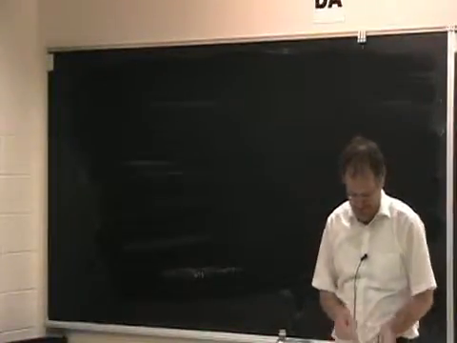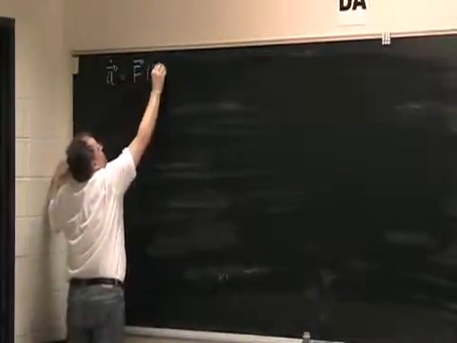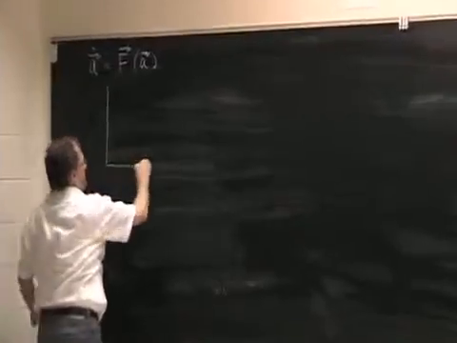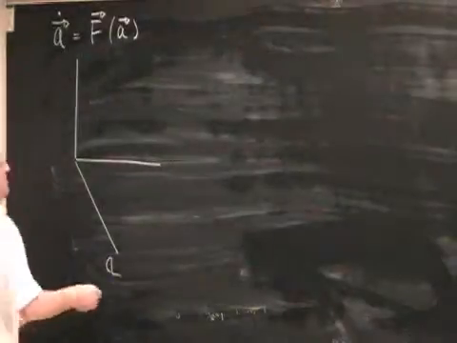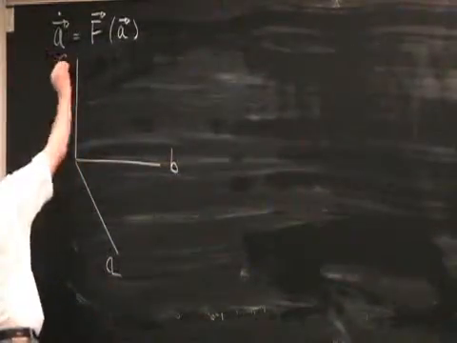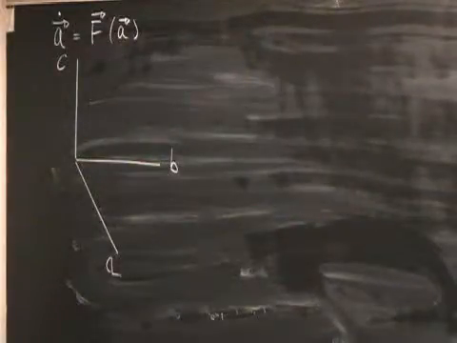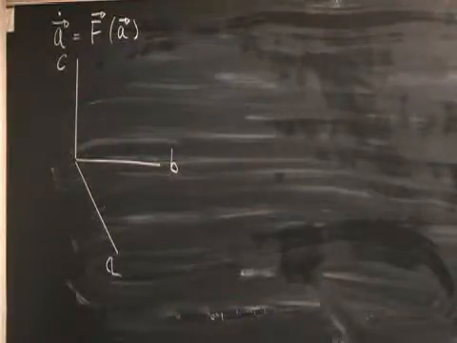First, let me draw the phase space. So what we want to solve is this equation. A vector dot is f of A. This is for a three-dimensional state space now, where I have individuals A, B, and C. And as usual, any kind of nonlinear dynamics is organized in phase space by fixed points and what's called invariant manifolds.